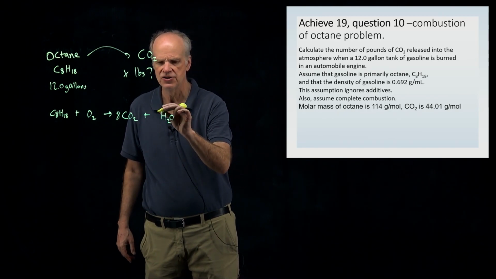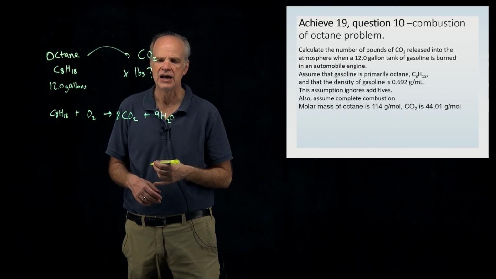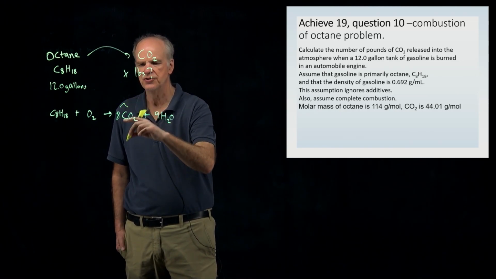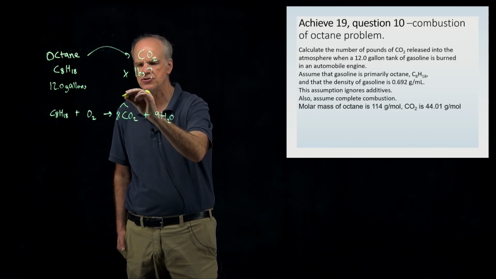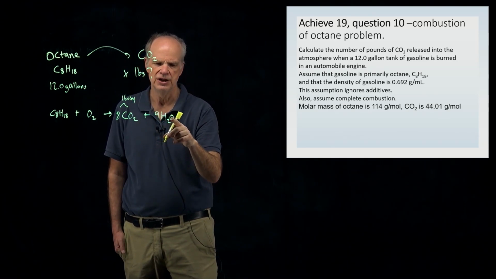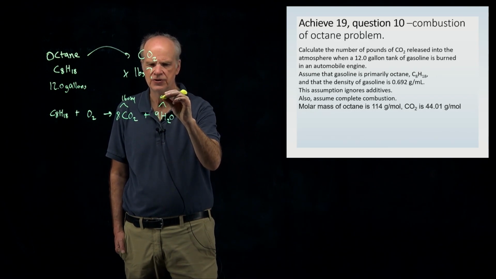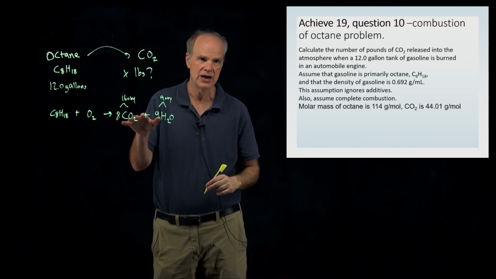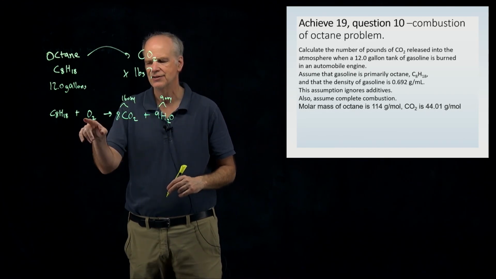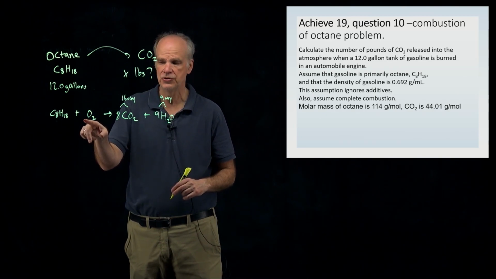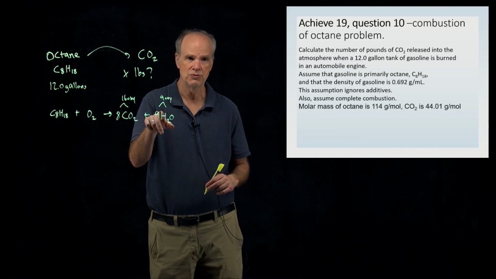So to balance hydrogens, and now let's count oxygens on the product side. You can see here that 8 times 2 oxygens is 16 oxygens. And then here we have a total of 9 oxygens. And so on the product side, we have a total of 25 oxygens. You have to think of a number here in front of O2 that when multiplied by 2 gives you 25 oxygens.